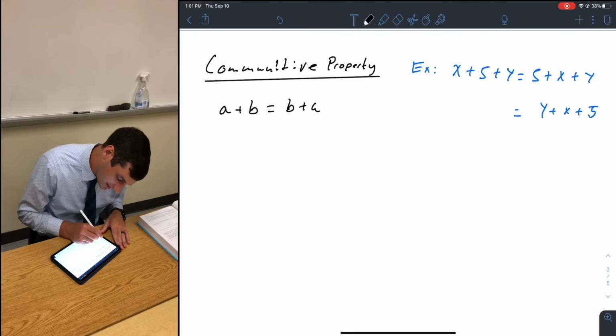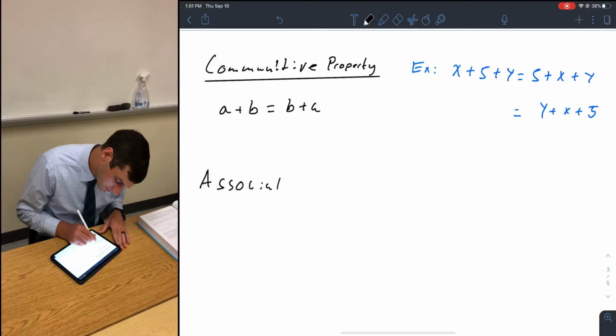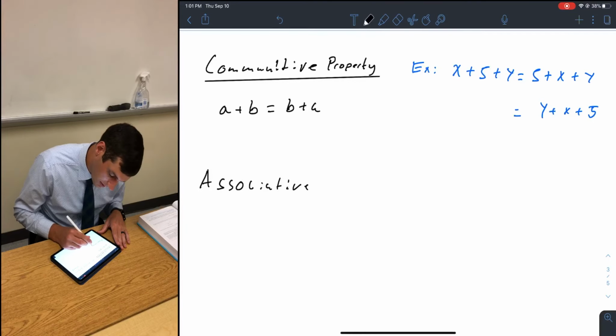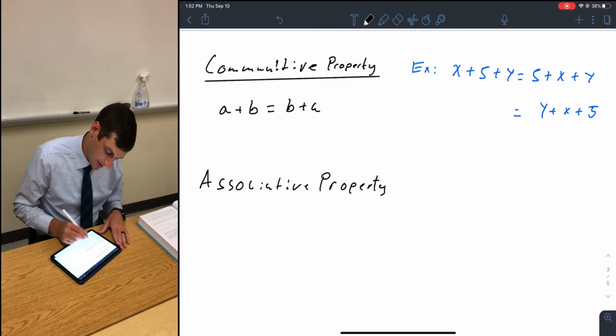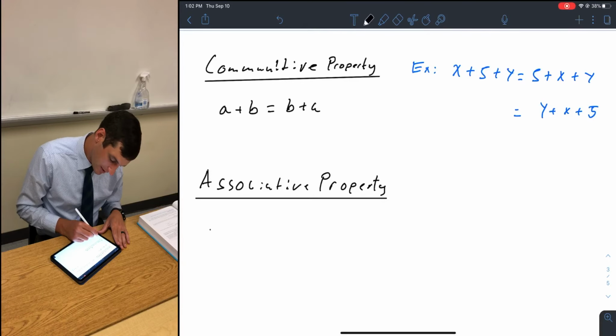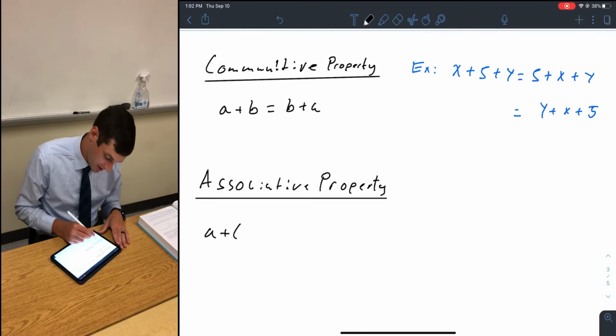Now we'll go on to the associative property. Some of you are probably yelling at me because of my handwriting. Oh well. So the associative property means that two numbers can be associated with each other.